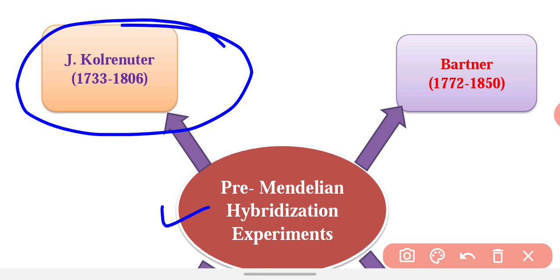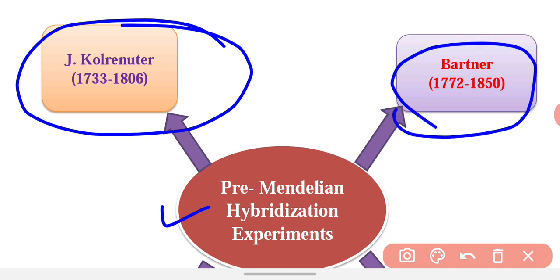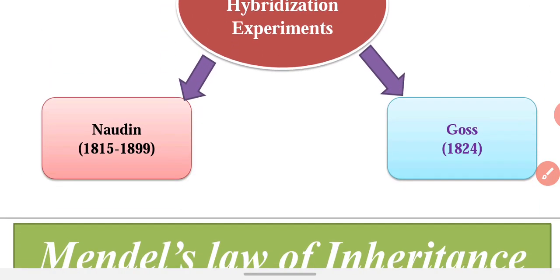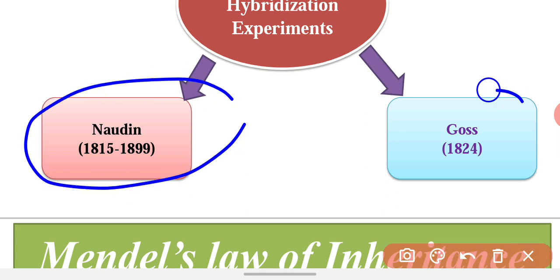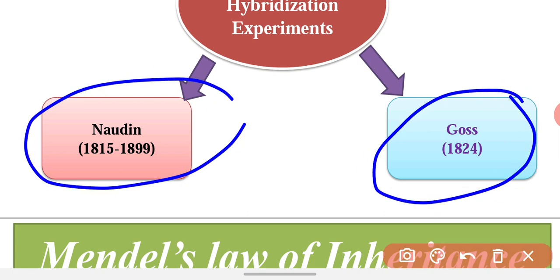According to Kölreuter, the hybrids are more diverse than the parents. Others who had worked on hybridization before Mendel include Knight and some other scientists, for example, Naudin and Gärtner. But these scientists were not clear about the reason for inheritance.